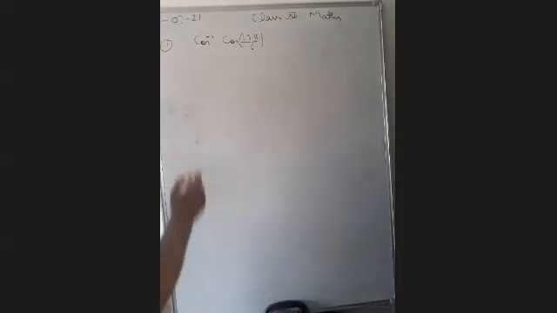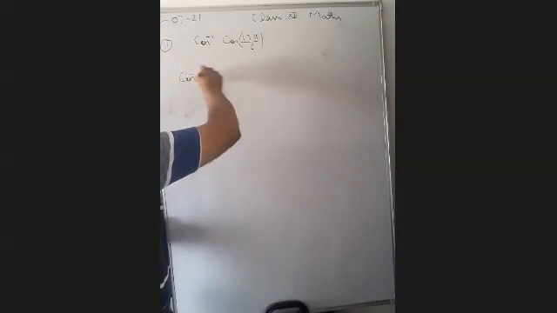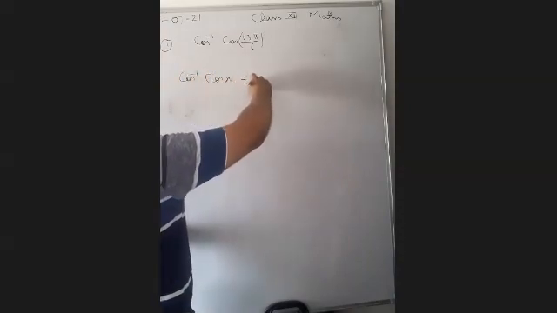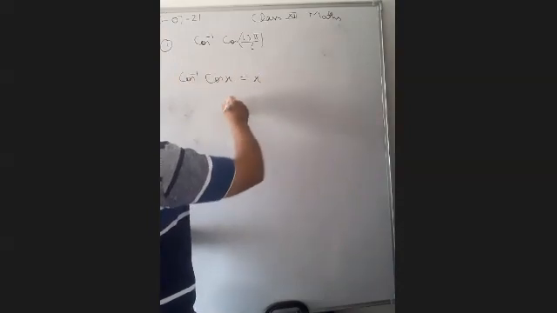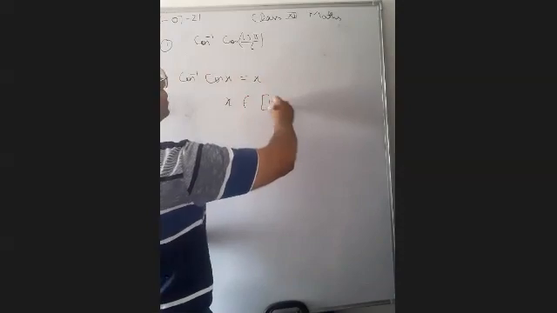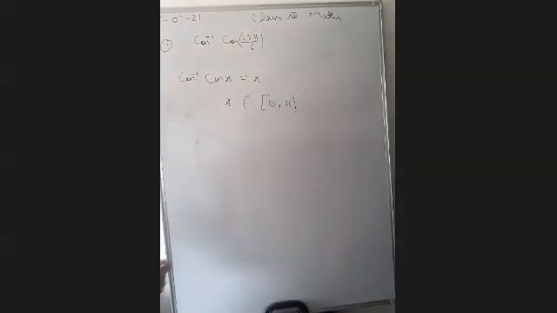We know that cos inverse cos x is equal to x, but x should belong to 0 to pi. But it is greater than 2 pi. So first of all we have to convert this angle in between the interval 0 to pi.